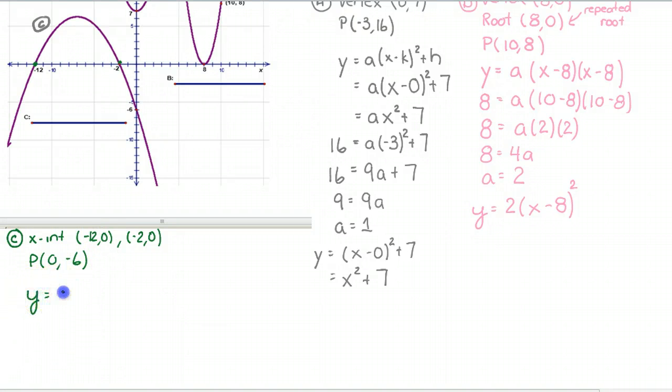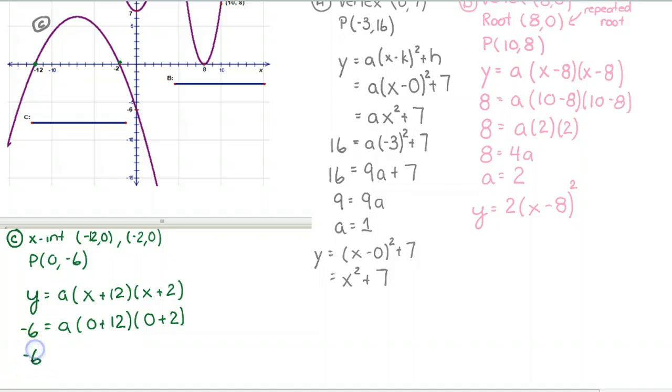So y equals a, and if it's minus 12, it's going to be x plus 12 times x plus 2, because when I sub in negative 12 into this, I should get 0. And now I'm going to sub my point, so negative 6 is equal to a times 0 plus 12, 0 plus 2.